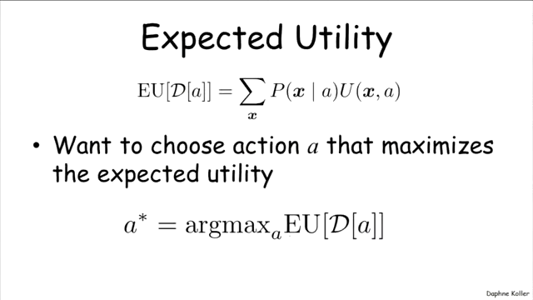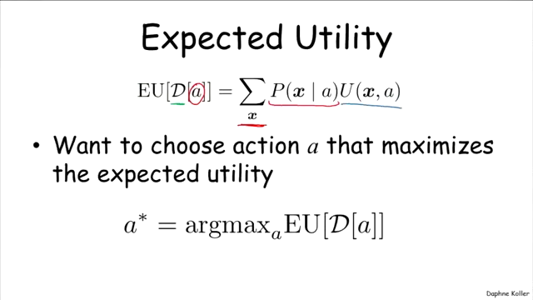So now I can go ahead and write down the notion of an expected utility for a decision problem D given an action A. And the way in which that's done is a simple expectation. I sum up over all possible states of the world the probability that I get that state given the action, and remember, not everything in that state might be affected by the action, and then I multiply that by the utility of the state-action pair.